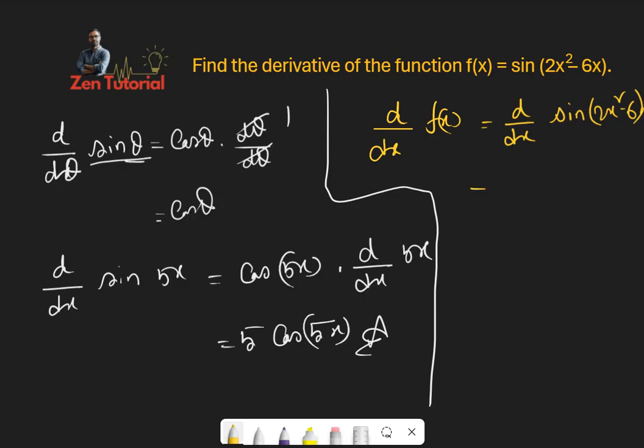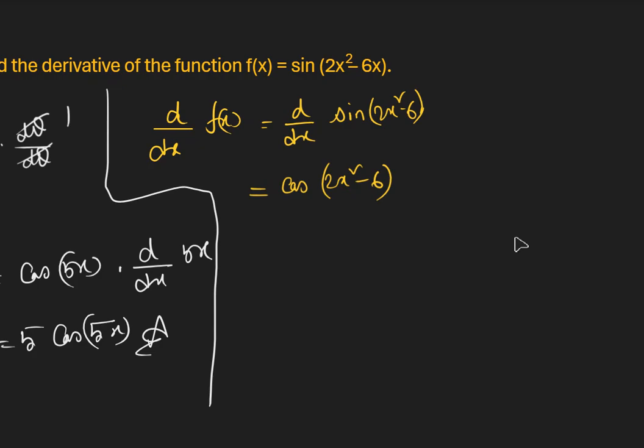So we could write down sine converted to cos, and what is the angle here? 2x squared minus 6x, right? Now we have to differentiate this angle, I mean the value of theta, this one.